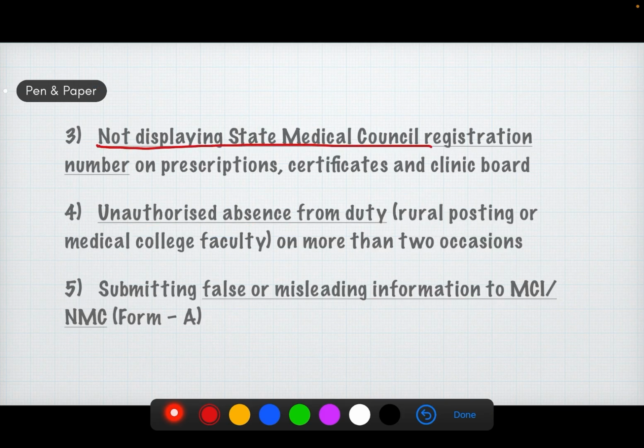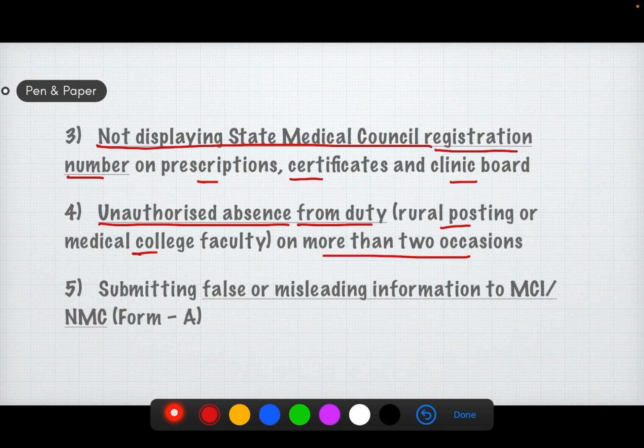Not displaying State Medical Council registration number on prescriptions, certificates and clinic board. So displaying State Medical Council registration number is important. Unauthorized absence from duty, rural posting or medical college facility on more than 2 occasions.